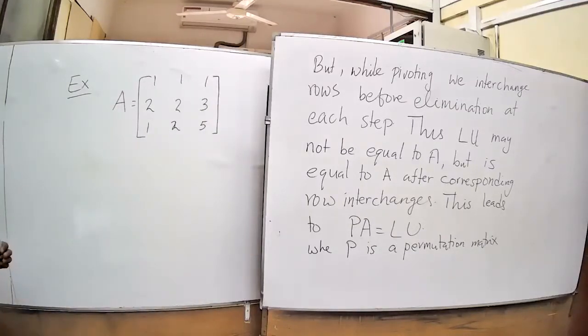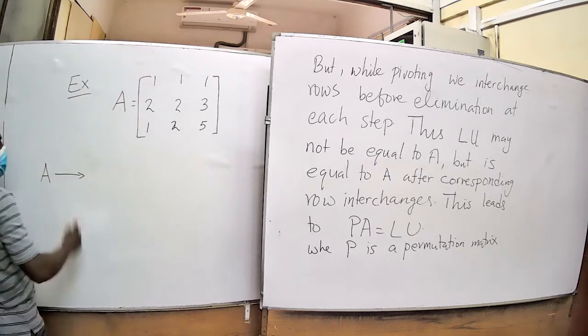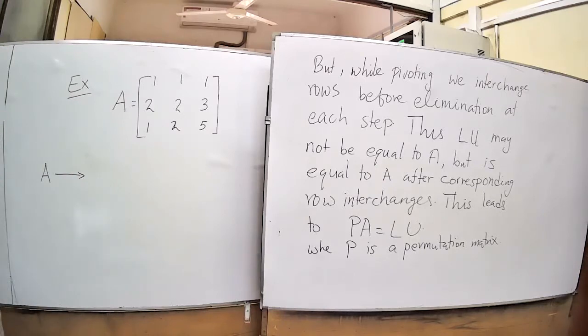Here is a matrix A: 1, 2, 1, 1, 1, 2, 2, 3, 1, 2, 5.